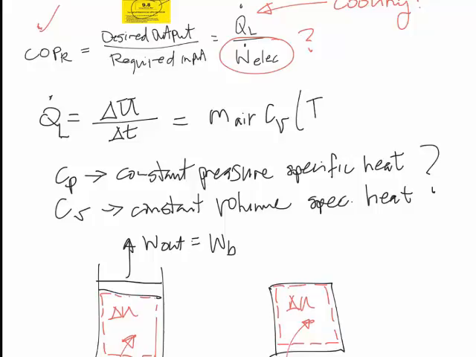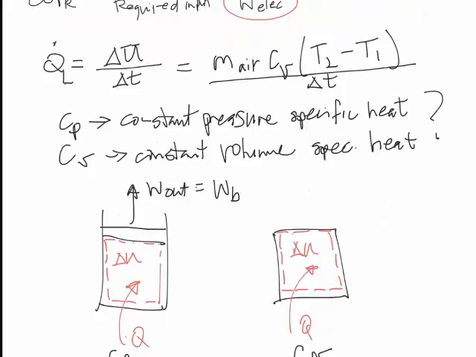We have T2 minus T1, and all of that is going to be divided by small t. Let's take a quick look at all these terms. The mass of the air, we're going to have to figure out. C sub V is a value we can look up in the table. We probably want to look at that in terms of the average, C sub V average, and then the temperature difference before and after, and we also have the change in time.